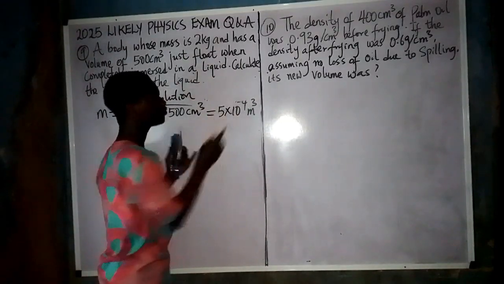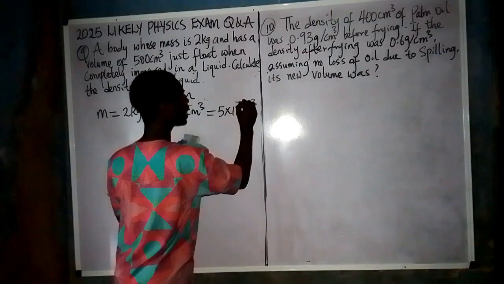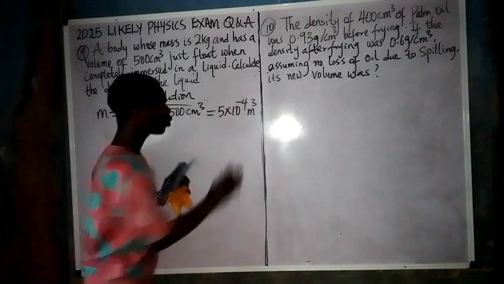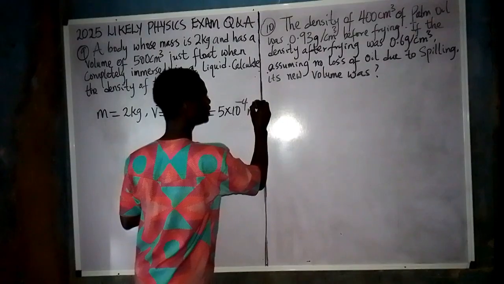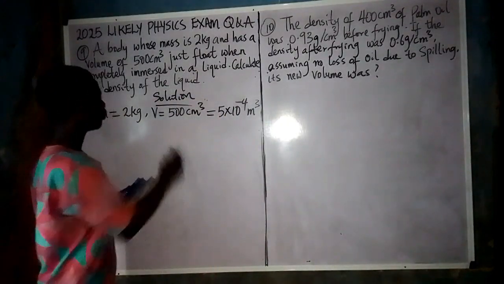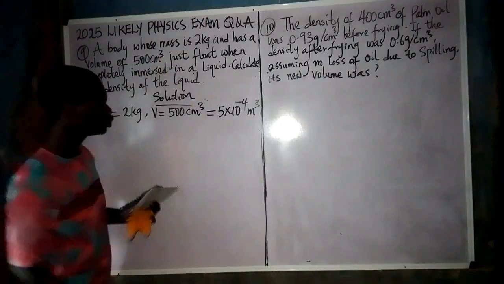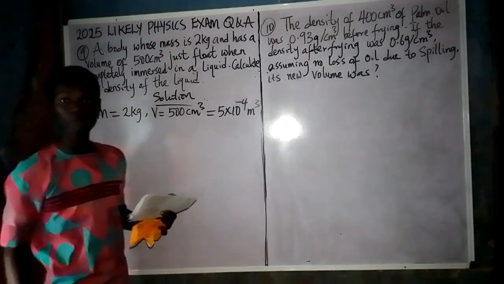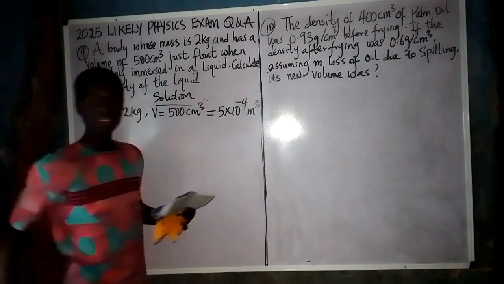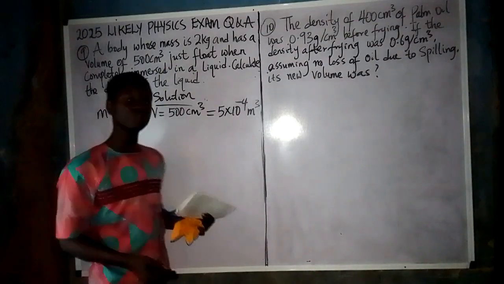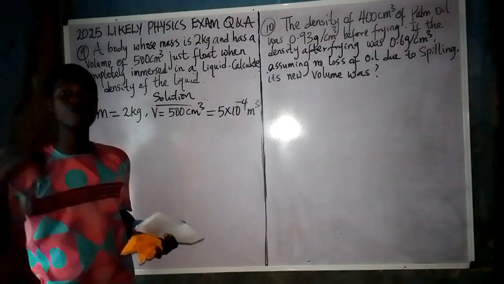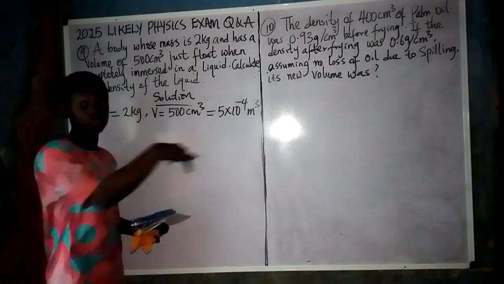But because the 4 is coming from under the dividing line, it will go with a minus. So 5 times 10 raised to power negative 4 meter cube. When you divide 500 by 1 million, you will have 5 times 10 raised to power negative 4 meter cube. In another form, your calculator will also give you 0.0005. It's still the same thing. You can work with that too.